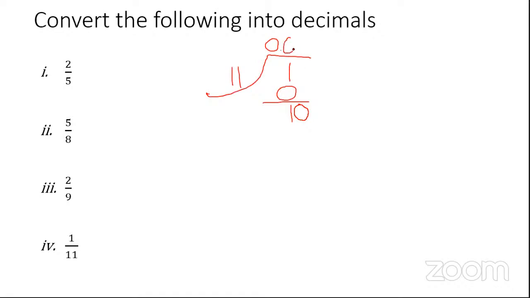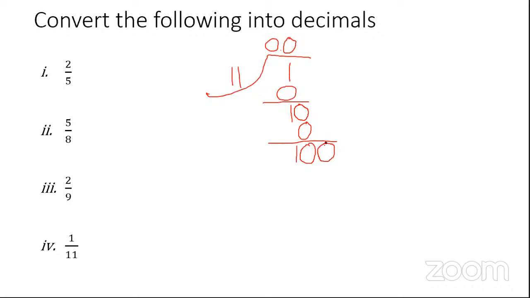So we again write 0. Then we get 0 times 11. It gives us 0. So we subtract and get 10. And we add another 0.